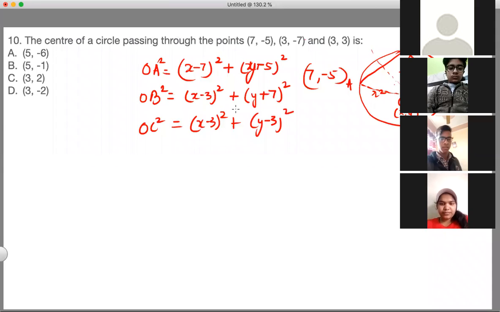Right? और ये सबको हम क्या लिख सकते हैं? R square.